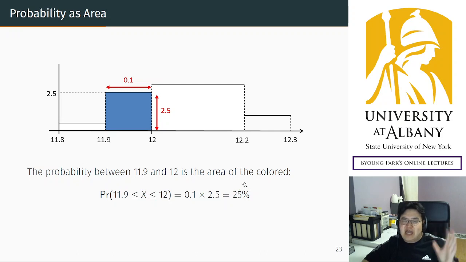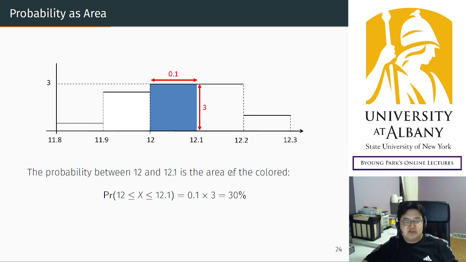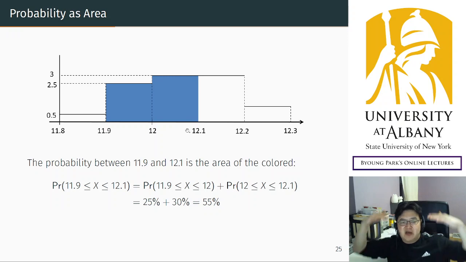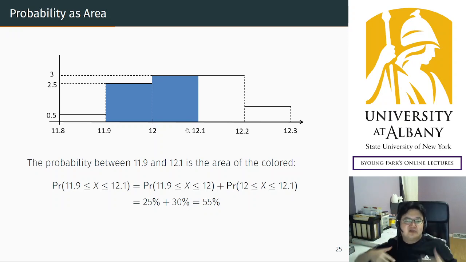Additional dimension is added, so the same interval may have different probabilities. And it doesn't matter even if the shape is not a rectangle. If you're interested in the probability between 11.9 and 12.1, then you need to calculate the area below the graph on the interval.